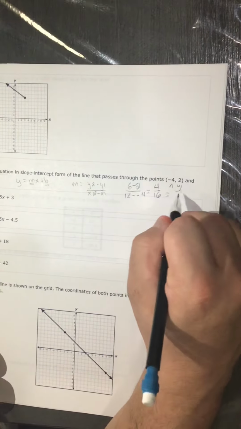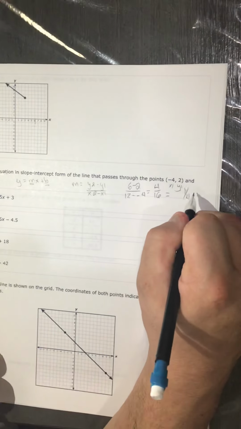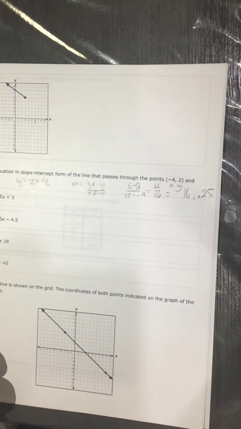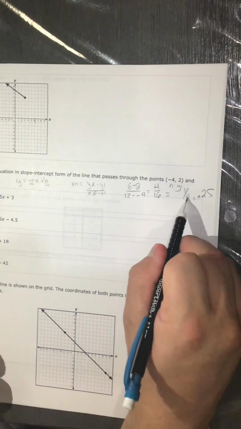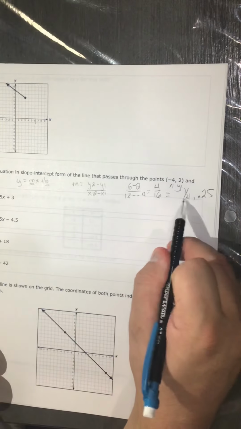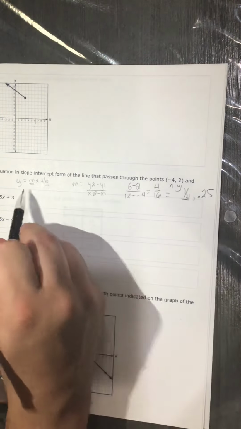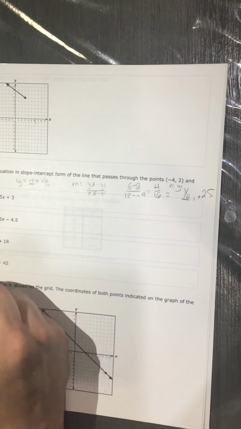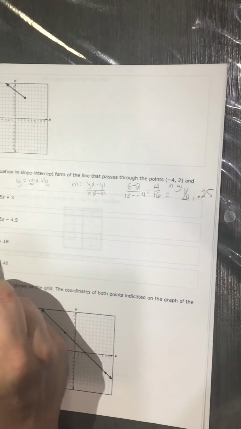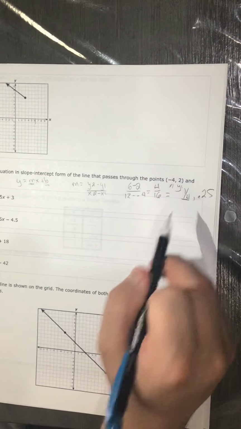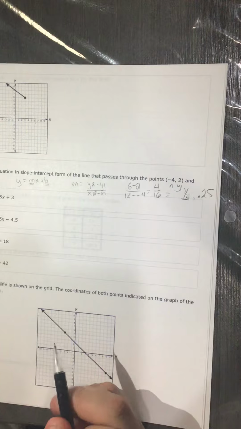If I simplify that, I'm down to 1/4 or 0.25, okay? You have to know that 1/4 is 0.25. Having found m, I'm already able to distinguish that C and D are not valid answers because these would be 4 over 1, not 1 over 4. So C and D are already out.